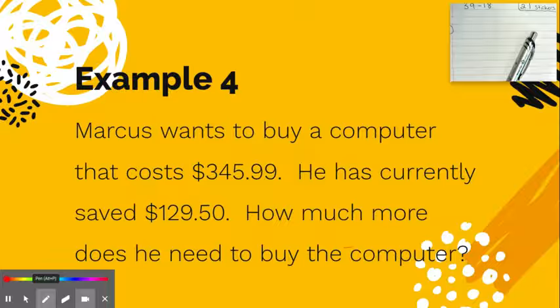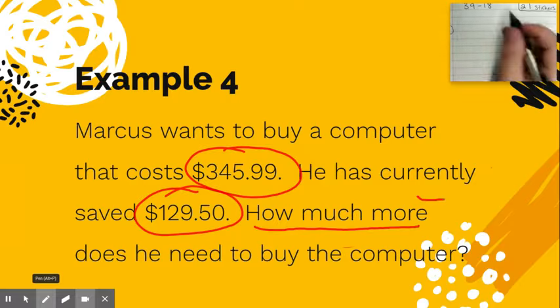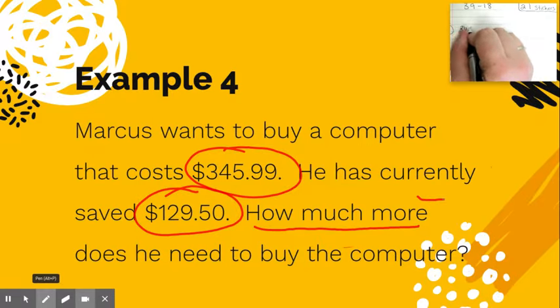How much more does he need to buy the computer? So we know that's how much it costs, and this is how much he's saved. How much more does he need to buy? How much means we add, but if it says how much more or how much less, that means we need to subtract. So we're going to subtract 345.99 minus 129.50. Let's make this bigger.